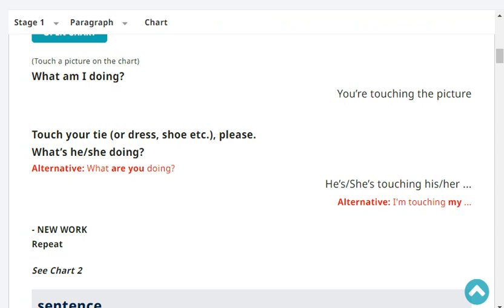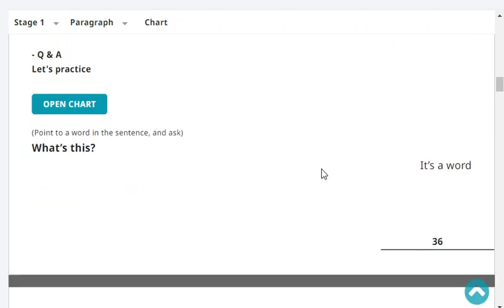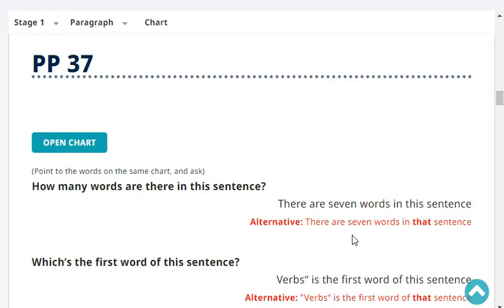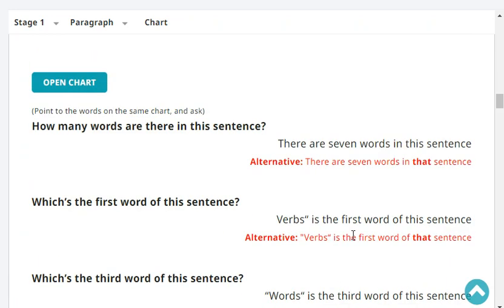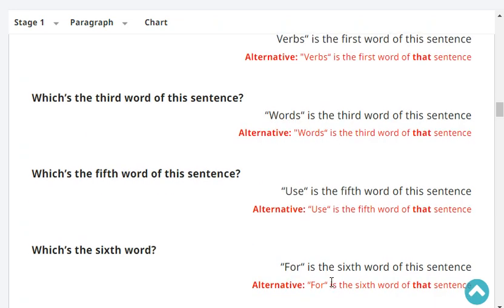How many words are there in this sentence? There are seven words in this sentence. Which is the first word of this sentence? Verbs is the first word of this sentence. Which is the third word?